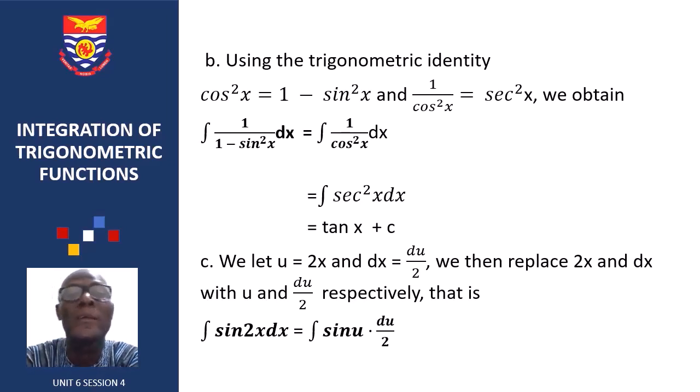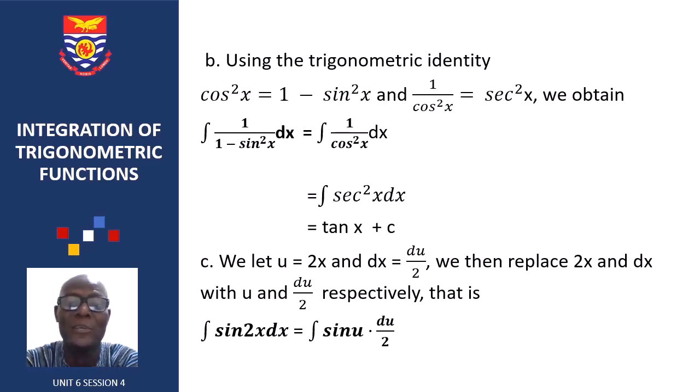Now, it implies we have the integral of 1 over cos squared x dx. But we learned that 1 over cos is sec. And therefore, 1 over cos squared x can be written as sec squared x.